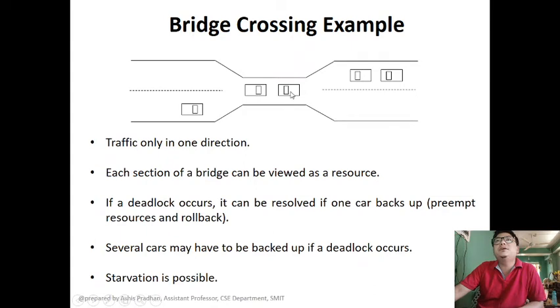So you can consider the car as a process and the bridge as a resource. So this is known as a bridge crossing example. It's a real-time example. And if this situation occurs for an indefinite amount of time, then it leads to a starvation situation, and the name of this situation is deadlock.